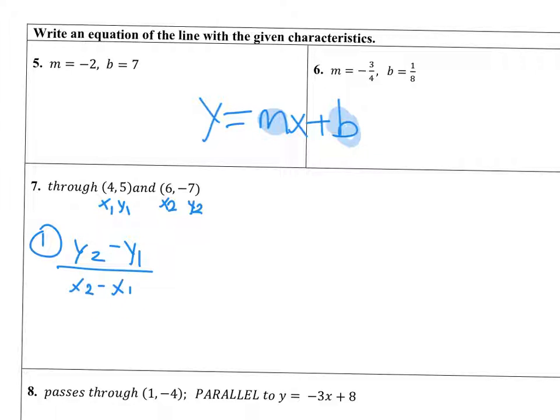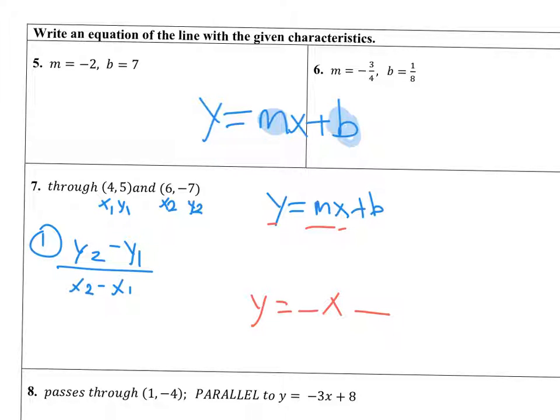Then take one of these 2 points, it doesn't matter which, and the slope that you get, and plug it in for y equals mx plus b. Remember, you're going to plug in a number for here, here, and here, and you need to figure out what the b is. Okay, figure out what b is, solve for b, and then rewrite the equation in the end. So it's going to be y equals blank x plus or minus blank.